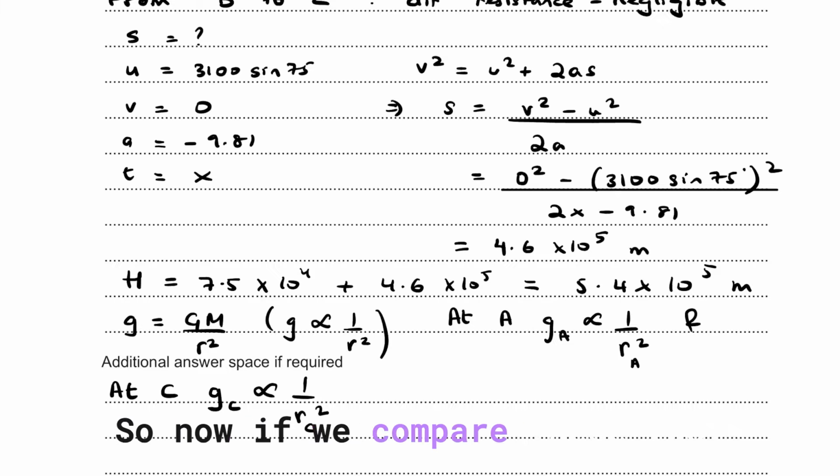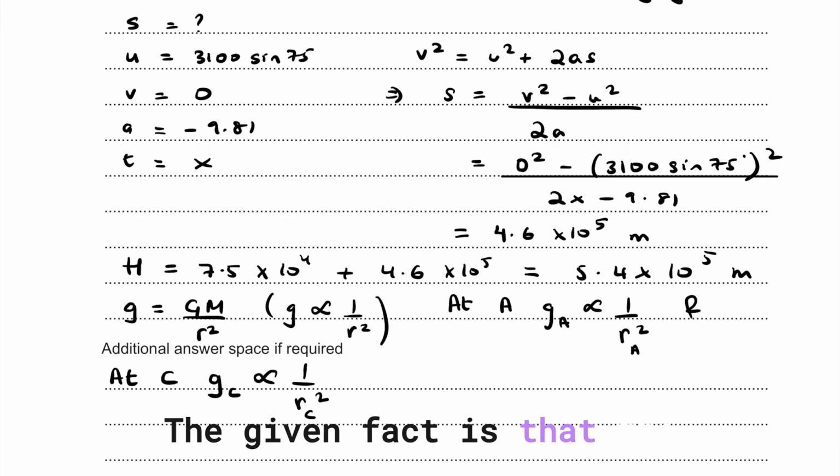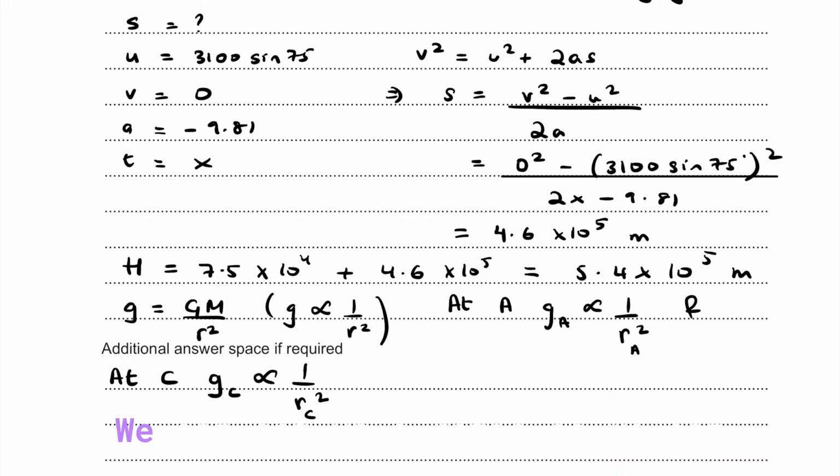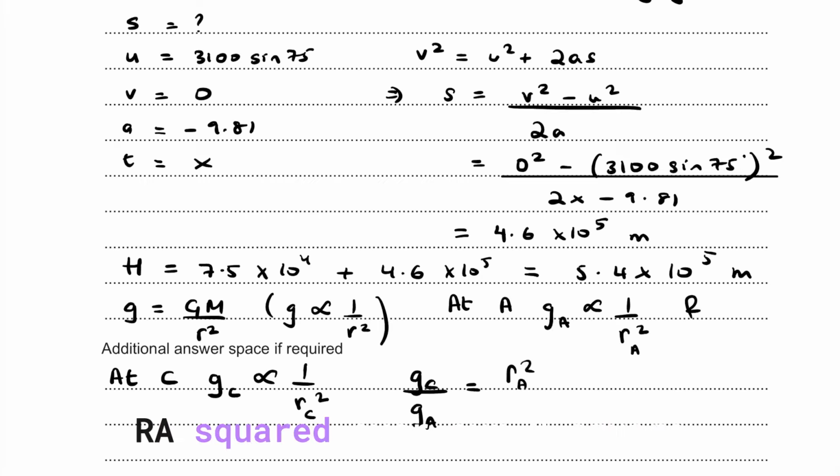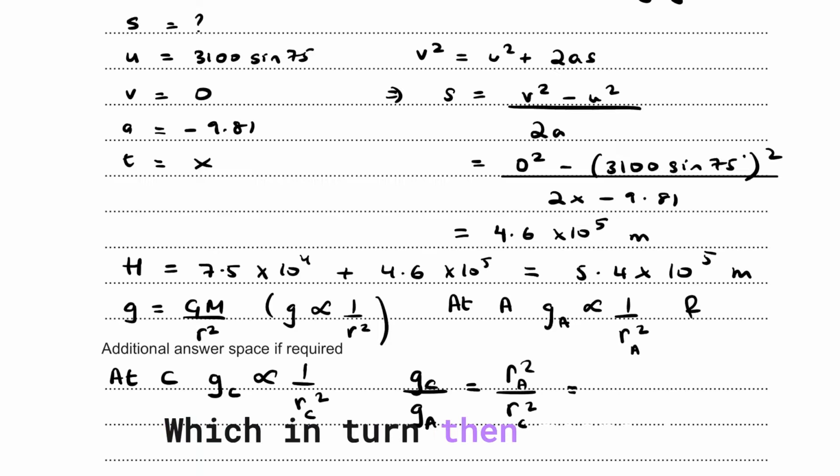So now if we compare these two, the given fact is that A is on the surface and C is at a certain height, so we can set up a ratio. So we can see that g_C over g_A is equal to R_A squared over R_C squared, which in turn means I can just plug in the values.